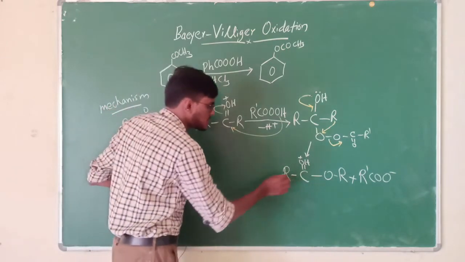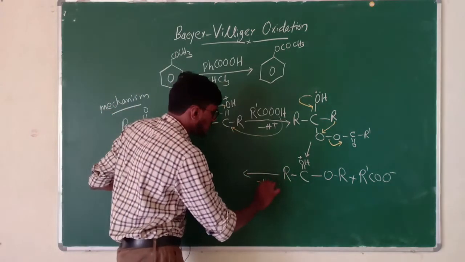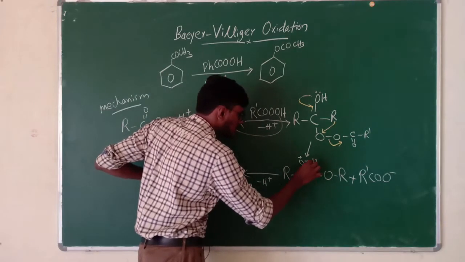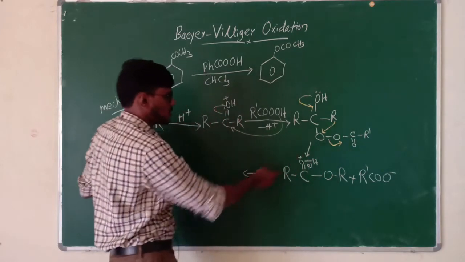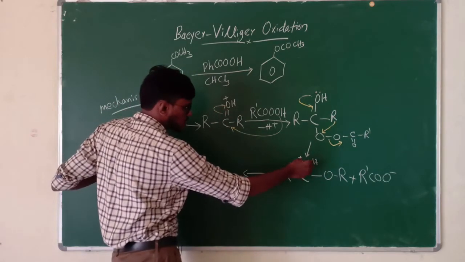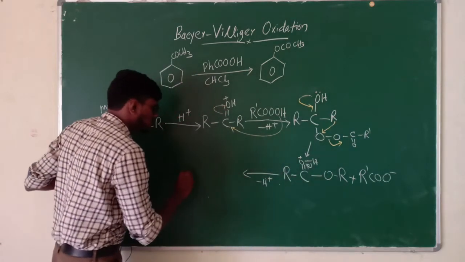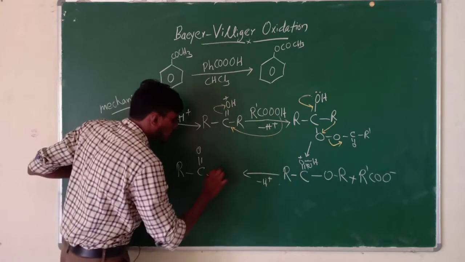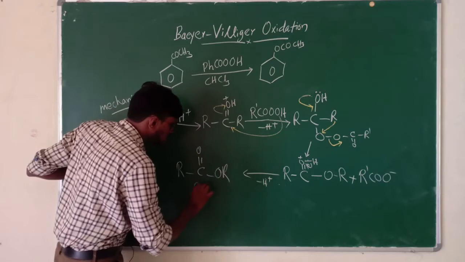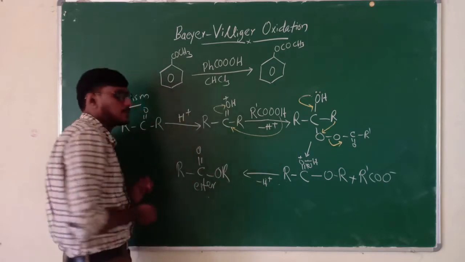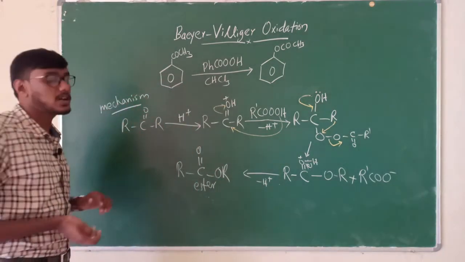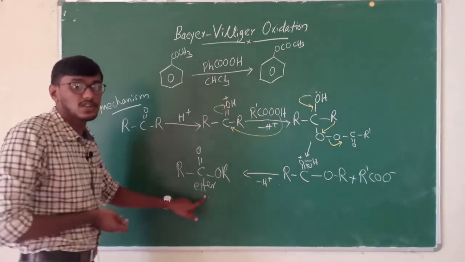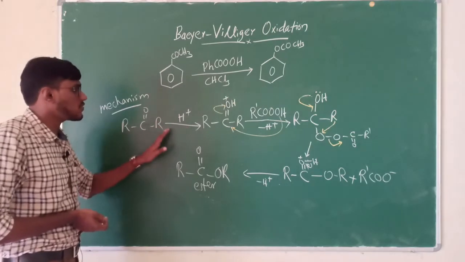In the next step, the proton from here leaves as H plus and forms RCOOR. So this is the ester formed here. This is the mechanism of Baeyer Villiger oxidation, in which a ketone gives an ester as the product. First step, protonation of the ketone.